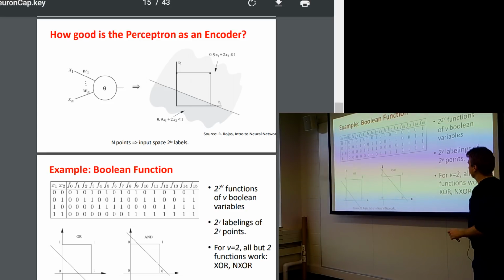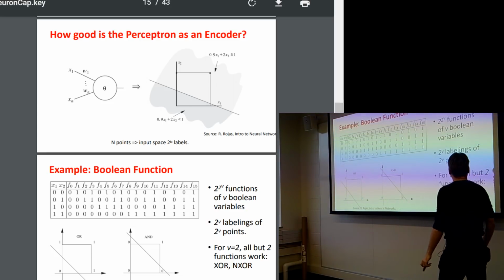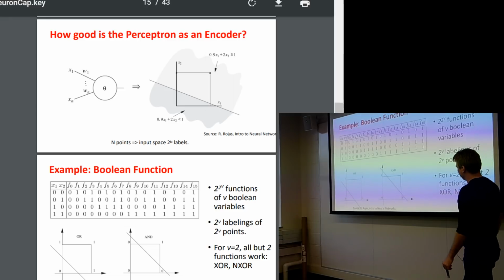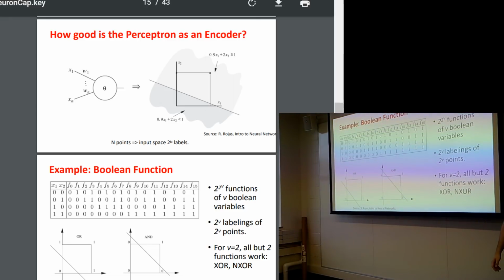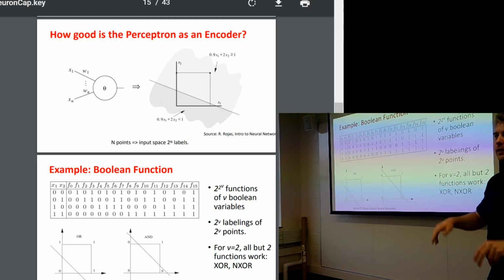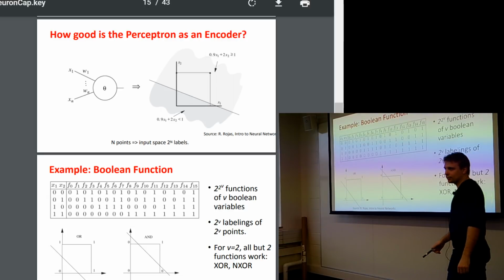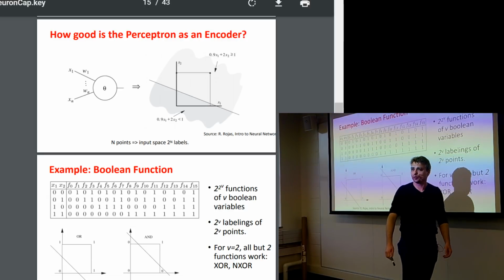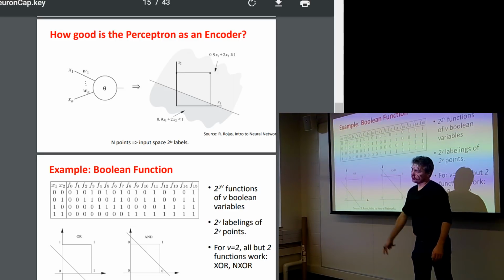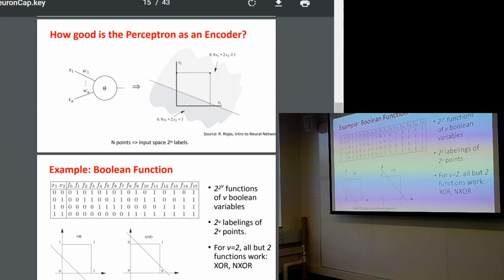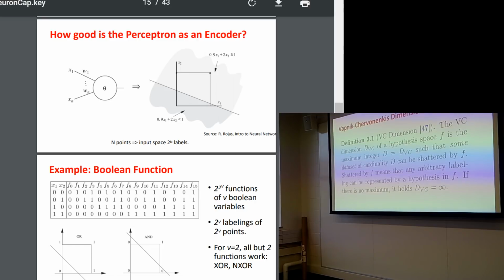So in fact, it turns out all but 2 functions can be linearly separated, right? So the 2 that cannot be, and it's not even a surprise, is XOR and not XOR. Not XOR, by the way, is the equal sign, which makes total sense, because obviously in order to determine if something is equal, you need to go through everything, right? So XOR and non-XOR are the 2 where you actually need 2 linear separations.